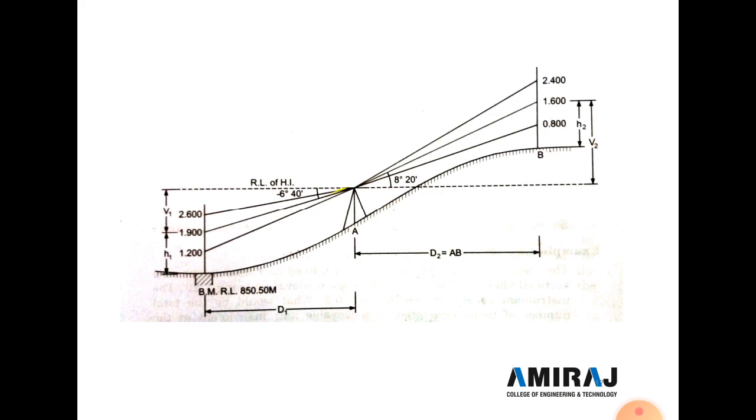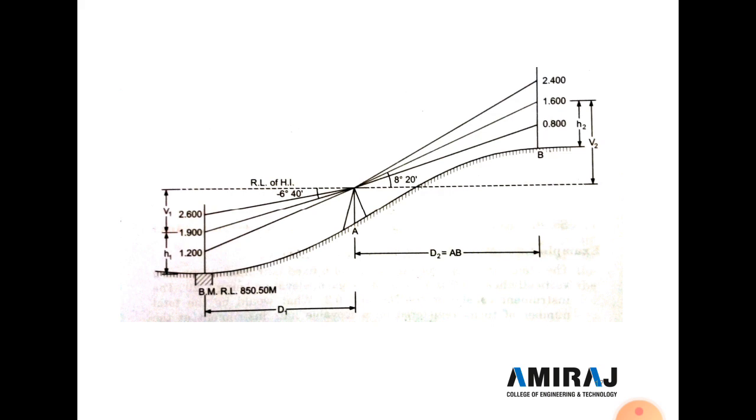Minus 6 degrees 40 minutes is the angle of the horizontal crosshair, and the staff is held vertical. The three readings are 1.20 bottom, 1.90 center, and 2.60 top.